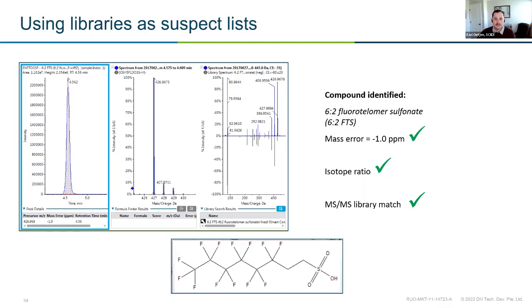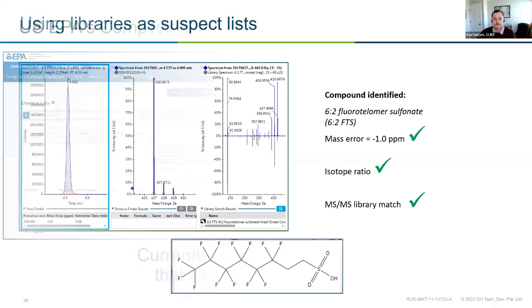That all looks good. And then we've got the fragmentation data. So we've got the compound's fingerprint. So I can be really confident, yes, I get to move from a level 3 to a level 2. This is indeed the compound I'm looking for. So this is a really nice way to create a suspect list, and probably the easiest way to get started in suspect screening, using a library.